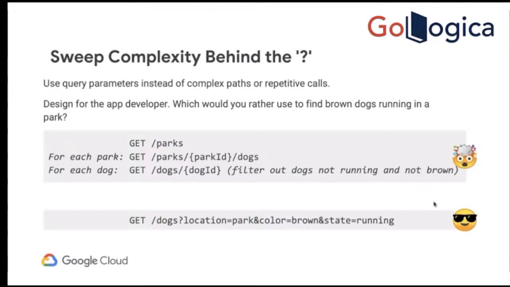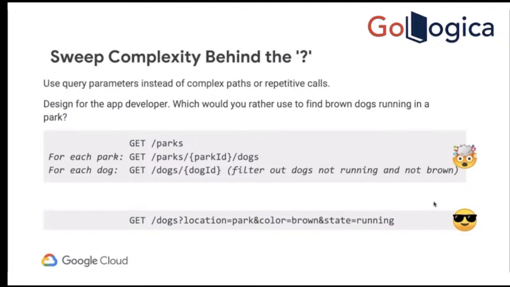Now another thing which is very important is when we are using a parameter or filter. When we are doing any filter or search operation where we have to filter based on parameters which are repetitive, meaning these are not a unique identifier. For example, get a list of parks in a city.